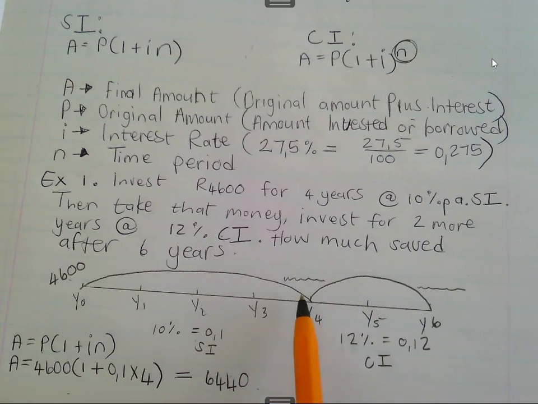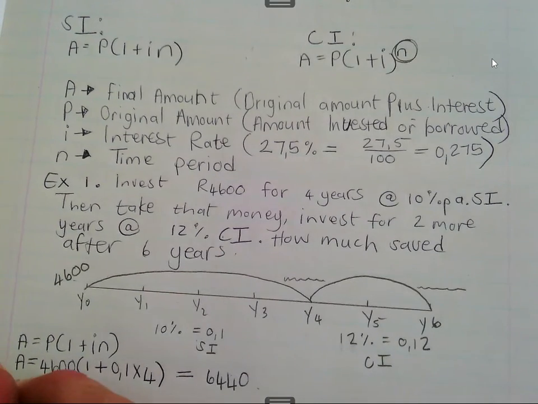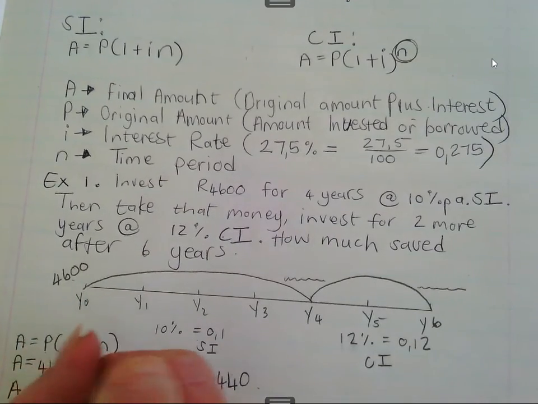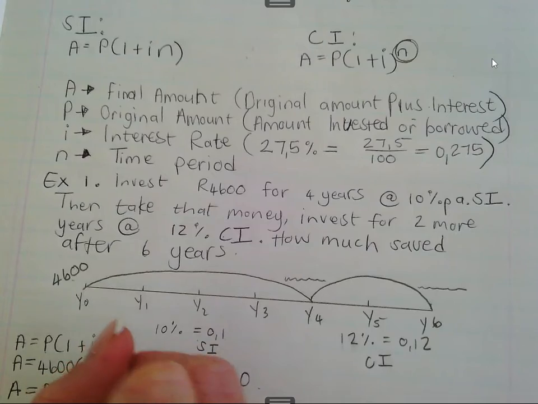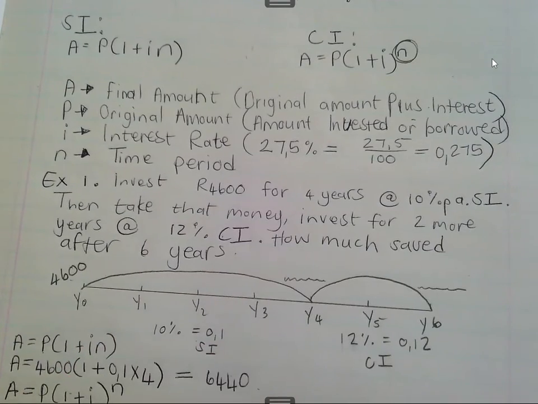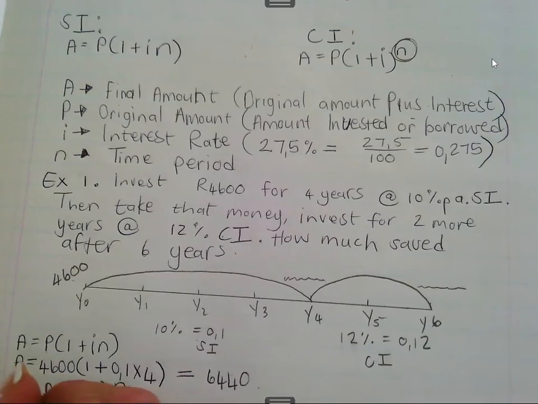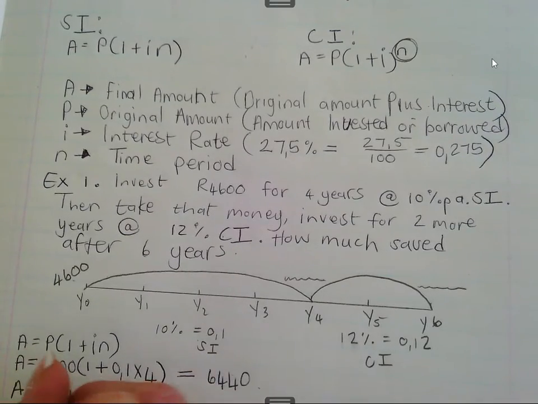Now the question states that you must now take that amount and reinvest it for 2 more years. But now you're going to have to use compound interest, no? Okay, so this formula is P bracket 1 plus i to the power of n. So, I want to calculate the final answer. I have the new original amount.